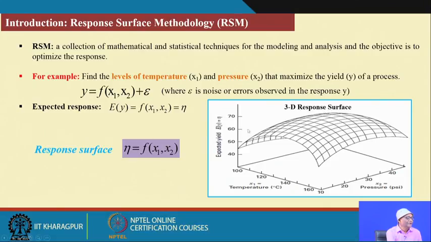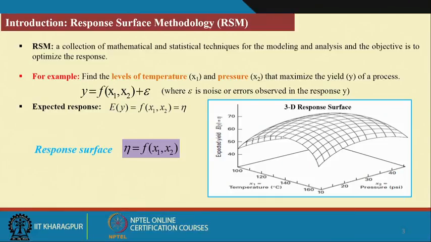If you take any point on this surface and project towards the temperature axis and pressure axis, you will get the value of temperature and pressure, and the yield value can be obtained if you keep the process temperature and pressure at those particular values.